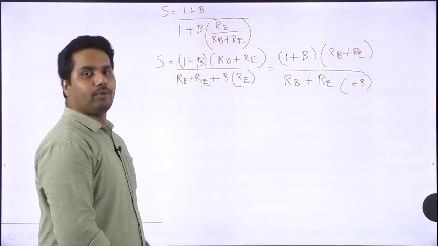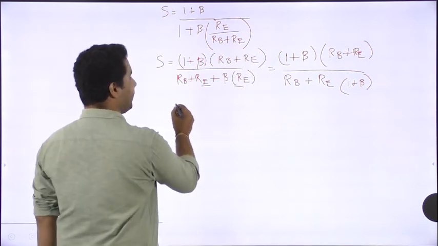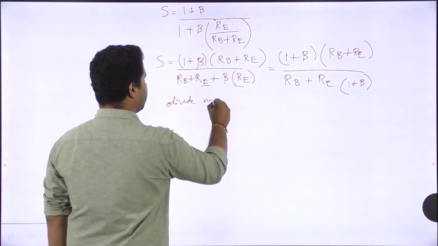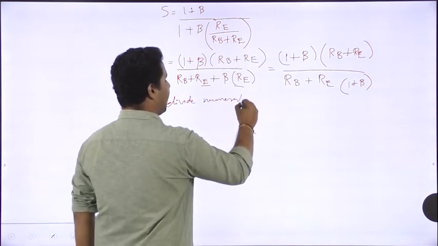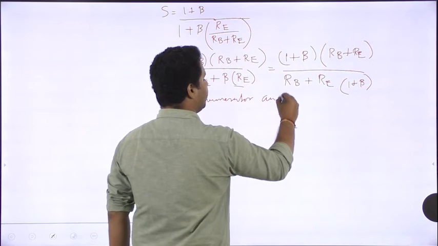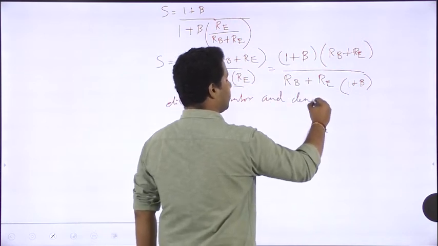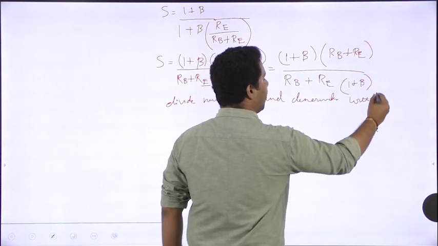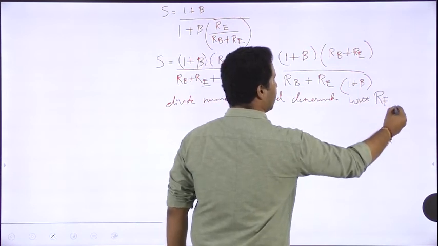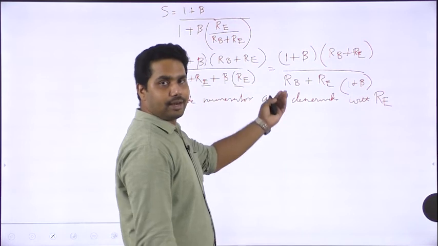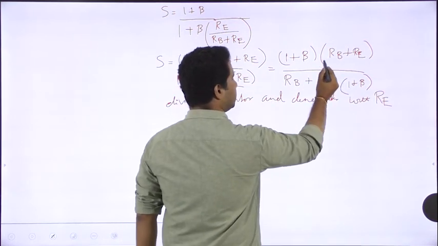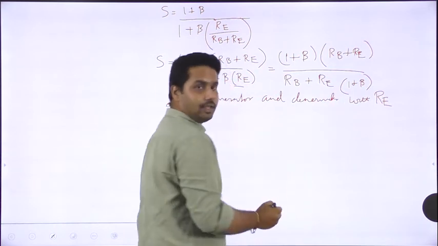Okay. Now divide numerator and denominator with RE. So what will happen here? This term and this term should be divided with RE.